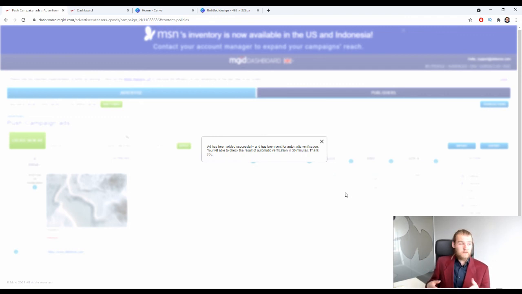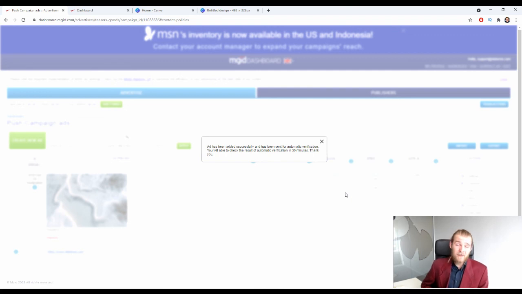Instead of having to wait 24, for some ad exchanges even 48 hours for somebody to review my ads, basically, they have an automatic verification system that checks your ad on the guidelines of MGID, and it will basically tell you within 30 minutes if your ad is approved or not, which is very nice because that means that within an hour, I can already be on my way and receiving the first data, which is very awesome.